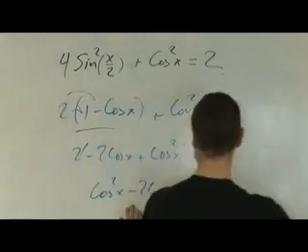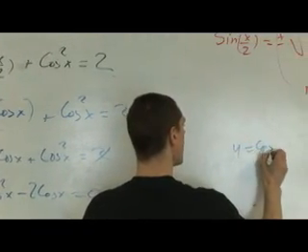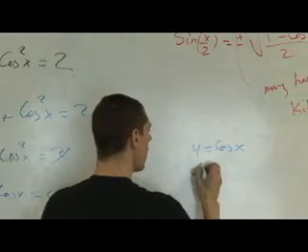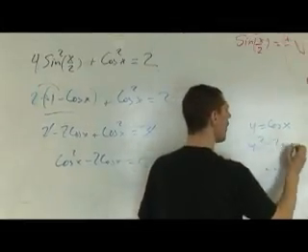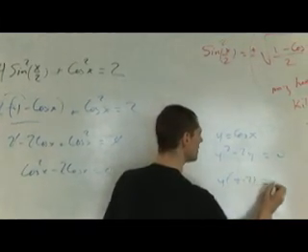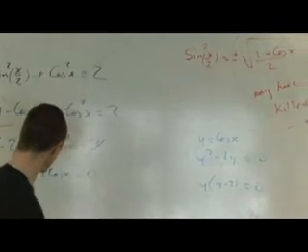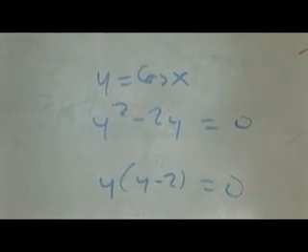This has the form of some variable, so let's let y equal cosine x. Then this becomes y squared minus 2y equals 0. You factor this. This is just y times y minus 2 is equal to 0. Right? So let's do this. I'm going to factor out a cosine x.